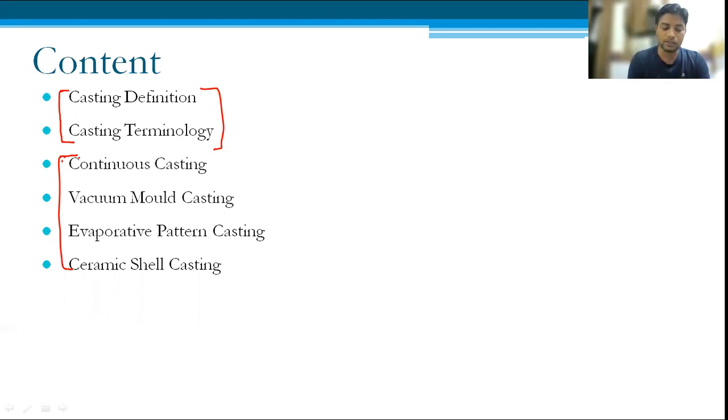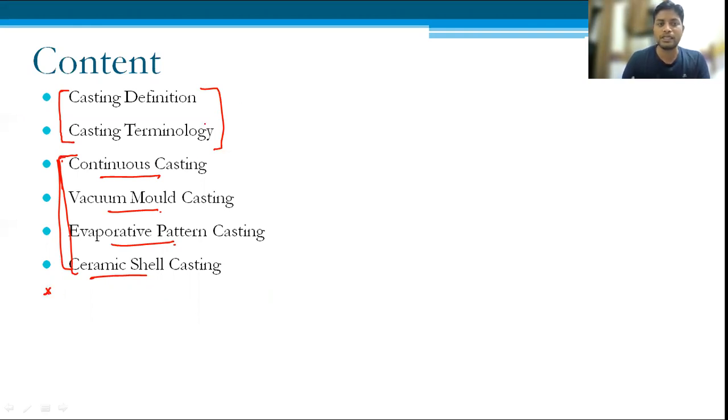We will discuss them one by one in different lectures: the continuous casting process, vacuum mold casting, evaporative pattern casting, and ceramic shell casting. If there is anything extra that you have not covered in the last semester, apart from these four, we will also try to take that into a miscellaneous topic. I forgot to mention that over here, so we will cover that also.